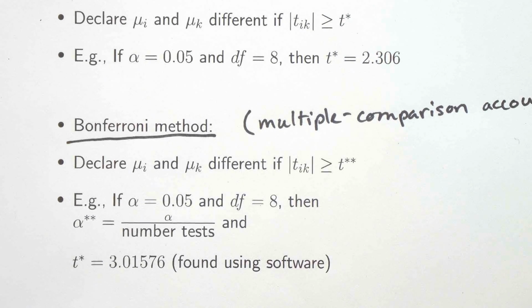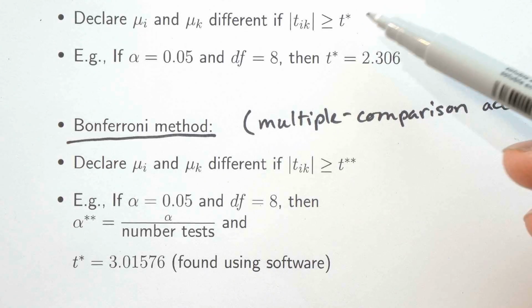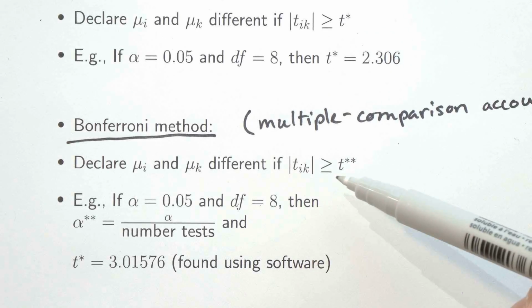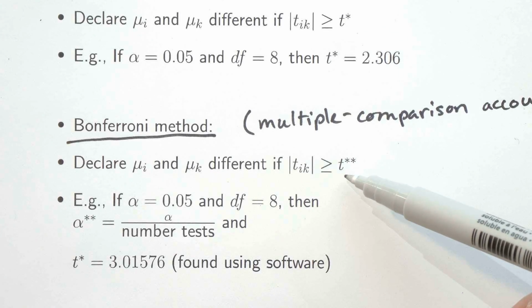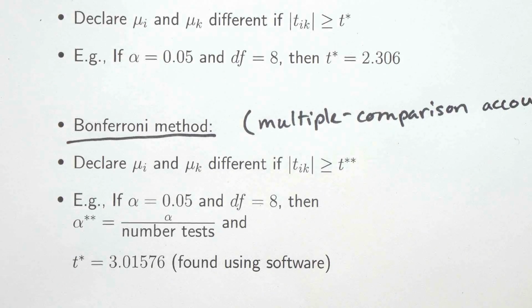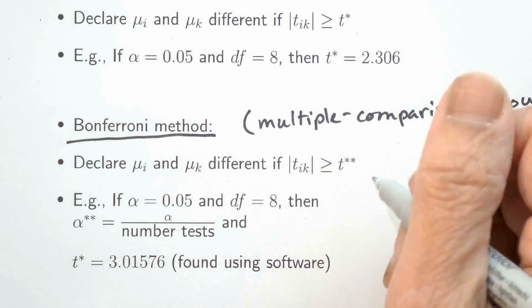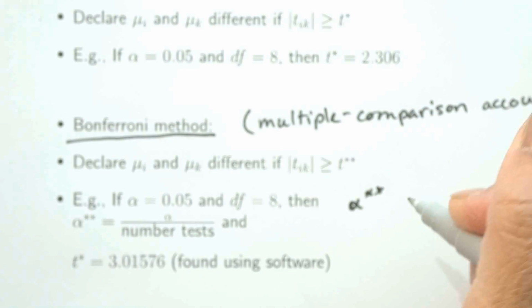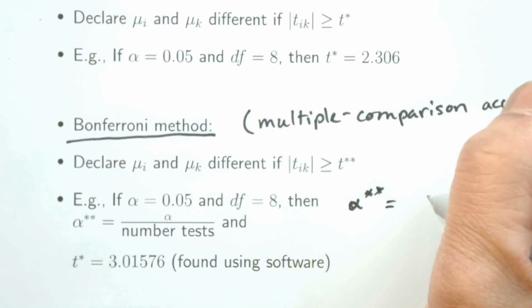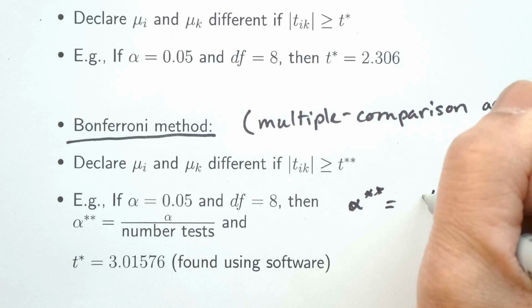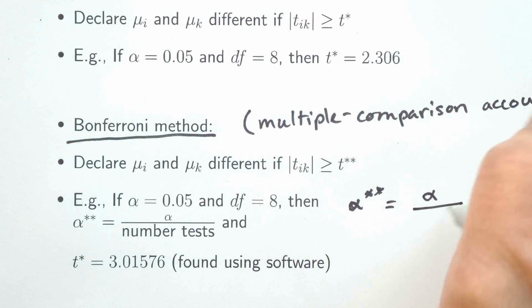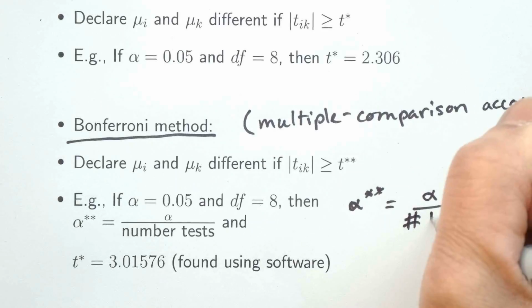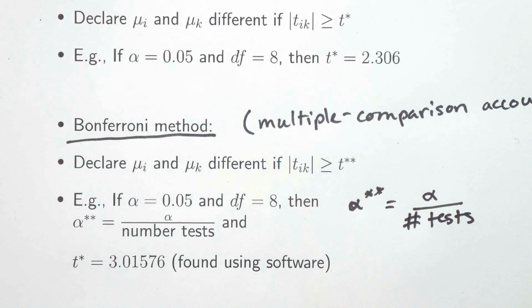Operationally, what that means is that instead of comparing to T star, we use a new critical value, T double star, and I'm just going to rewrite what we have here. So alpha star star. What we do is we adjust our significance level to be the nominal level, say 0.05, divided by the number of tests.